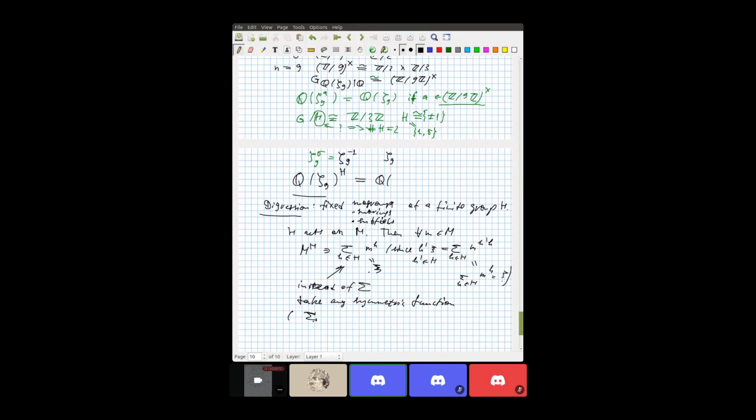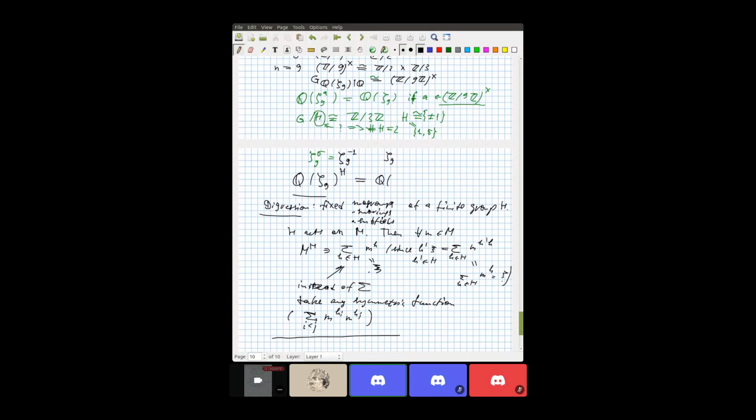For instance, if your group is finite, then you just consider a product over all pairs like this, m h_i times m h_j, something like this. And this also will be fixed by H.